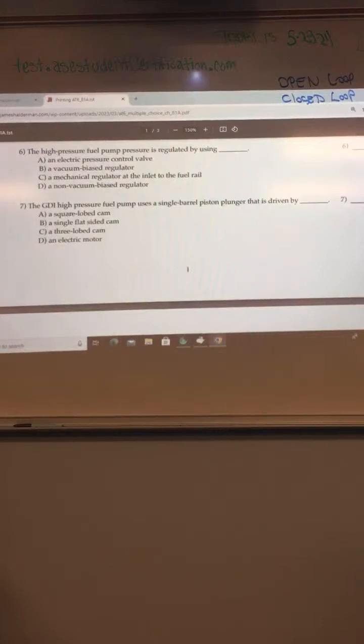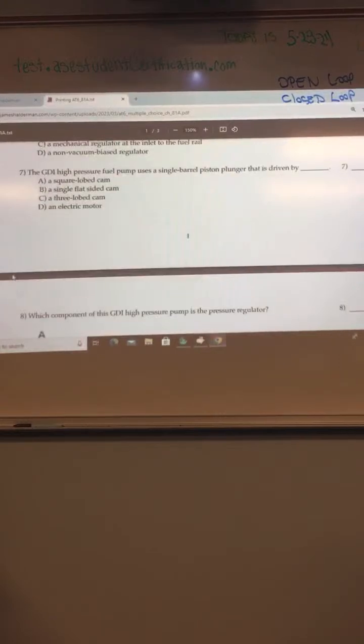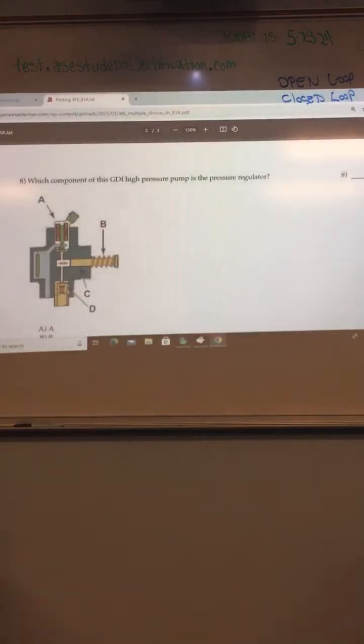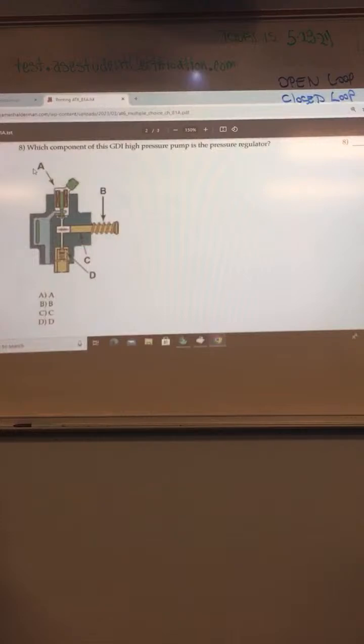The pressure control valve is controlled by the PCM, but the pressure control valve is actually in the high pressure fuel pump. 7 is C. Okay. 7 is a 3-lobe cam, just like we saw on that cam right there. The component in this picture is the pressure regulator. A. Hey, that's where your electrical connector goes, that's where your regulator is, yep.